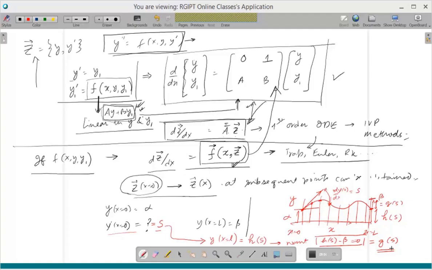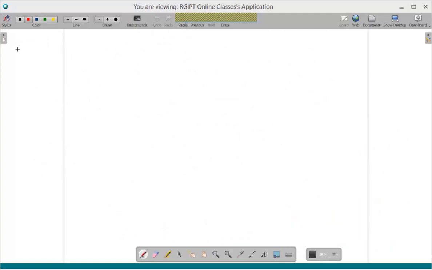Ideally we want g of s to be 0, and that would give the desired s value, and then you have already solved the problem, because all the intermediate values that you get by solving the IVP using that particular s, which gives g of s equal to 0, are your answer. That would give the desired y of x.